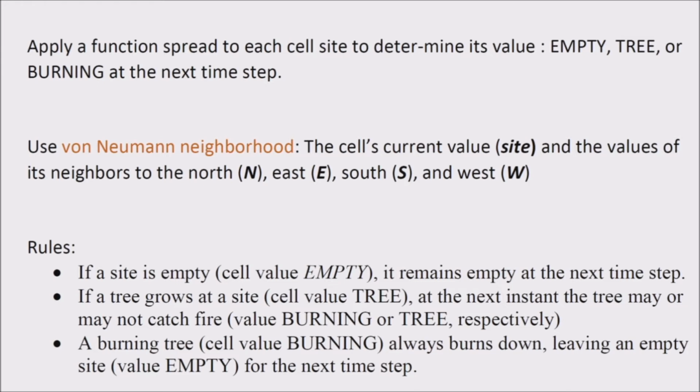Okay, so we already have our initial value as the empty, the tree or the burning, and then you move to the next step. How do I move to the next step? Here I'm going to use the von Neumann neighborhood model. So what is that? Well, in diffusion we talk about something called Moore's model or the von Neumann.